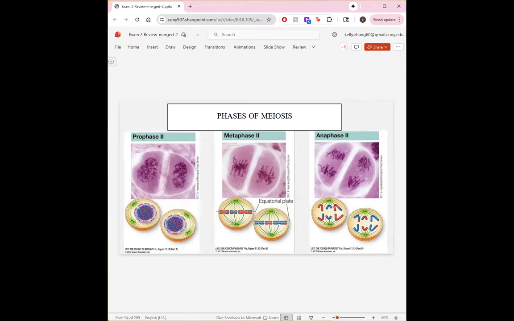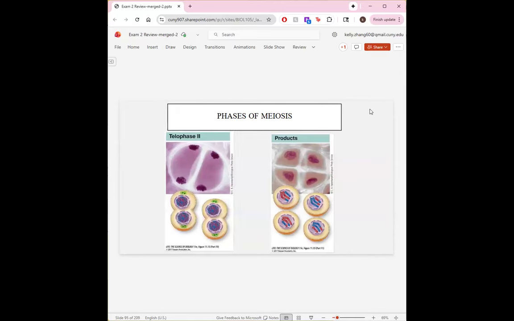Independent alignment of homologous pairs in metaphase 1 and crossing over in prophase 1 guarantee that the genetic information of each gamete will be different. Now that we're separating, all of these will be different. So 1, 2, 3, 4 will all be genetically different from each other and the parent.